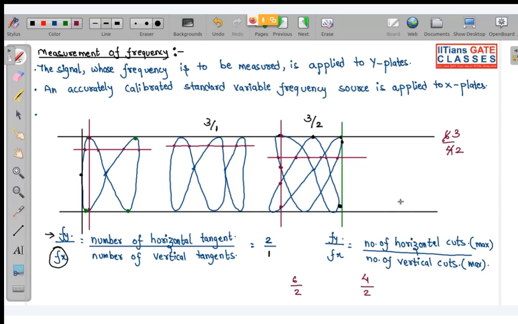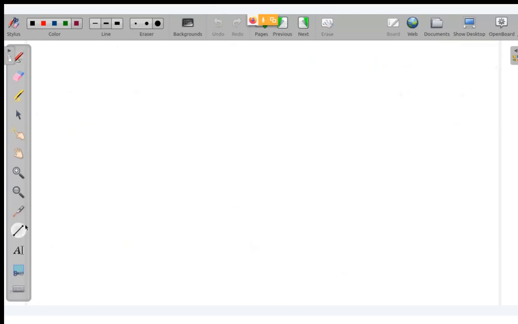See, one thing I forgot to tell. Sometimes you might even see, I am drawing this line so that it is easier for me to draw the Lissajous pattern or the Lissajous curve.